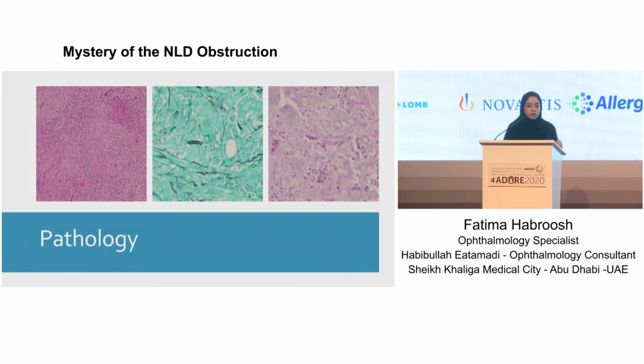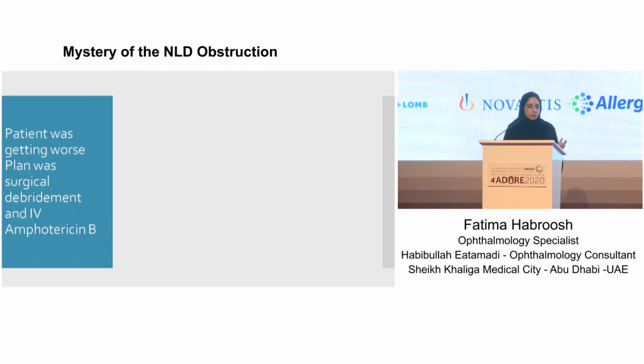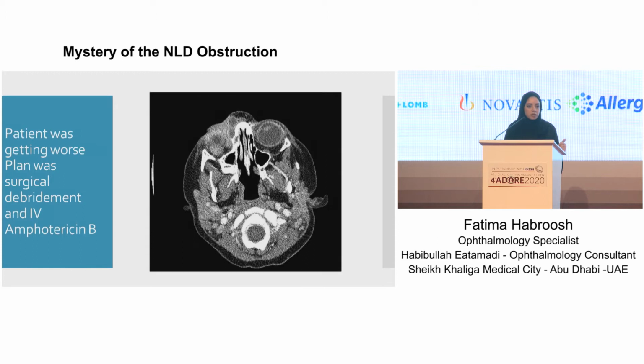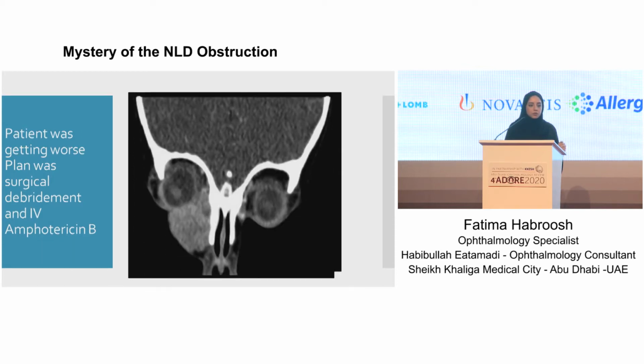The second one, Gomori stain showing broad non-septate hyphae, and the periodic acid-Schiff showing acutely angulated non-septated hyphae. So the diagnosis was mucormycosis and aspergillosis. So the plan was to start IV amphotericin B and to do surgical debridement for the patient.